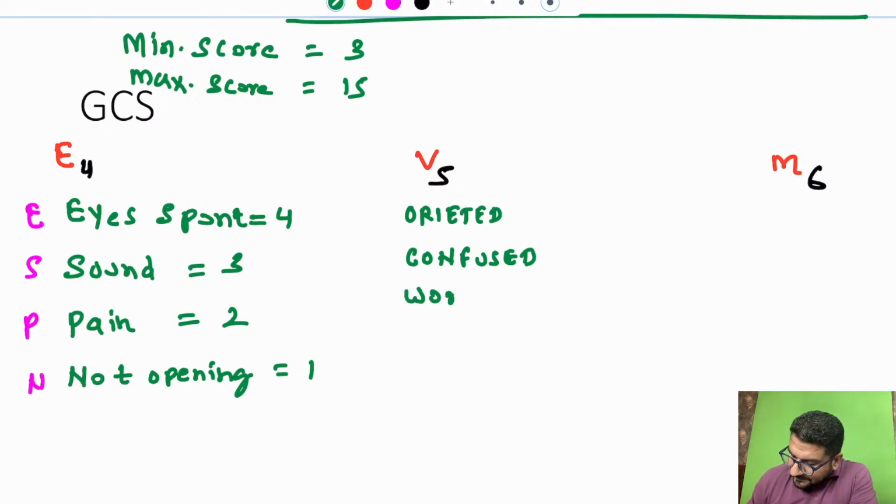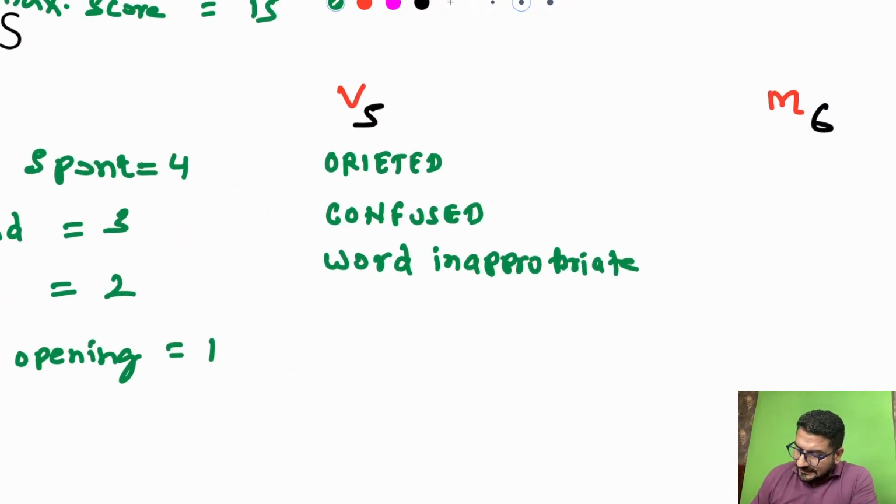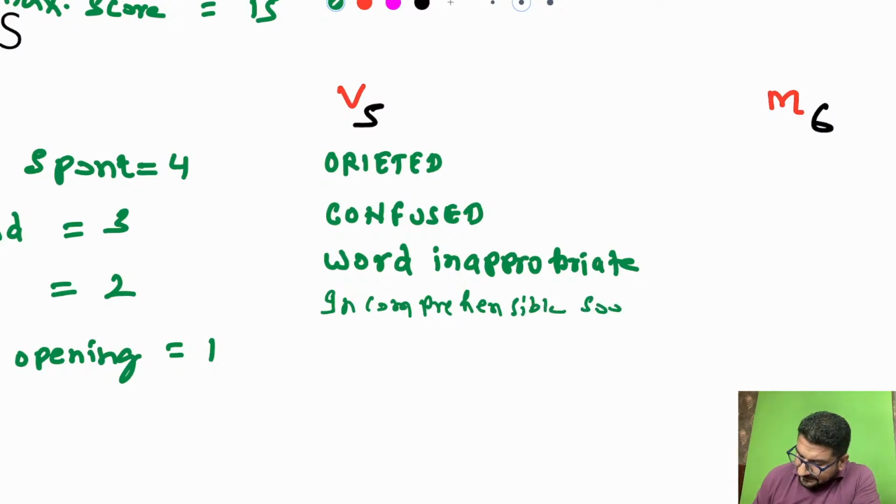Suppose you ask something, but the patient is using inappropriate words. Suppose you cannot comprehend what he is saying, he is making incomprehensible sounds, or the patient is just moaning.